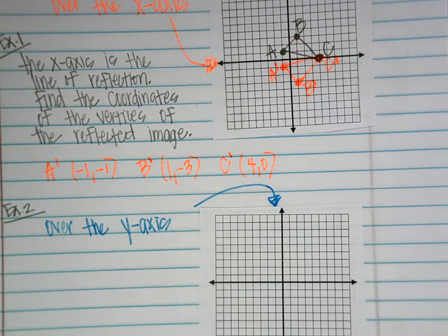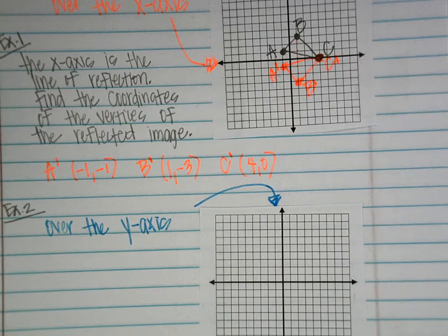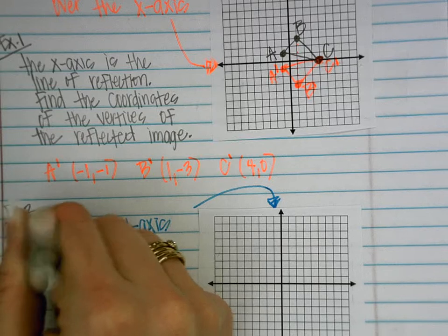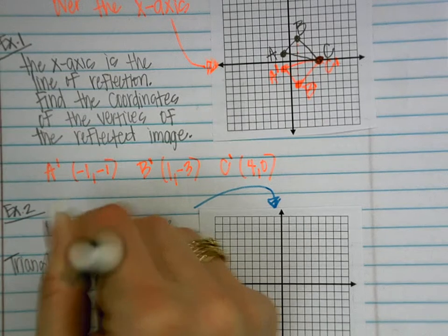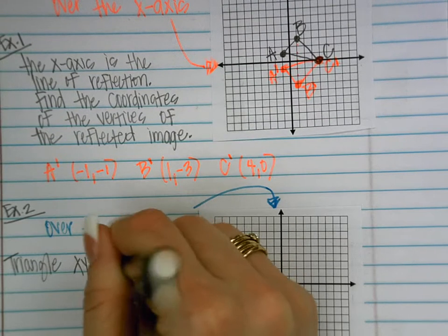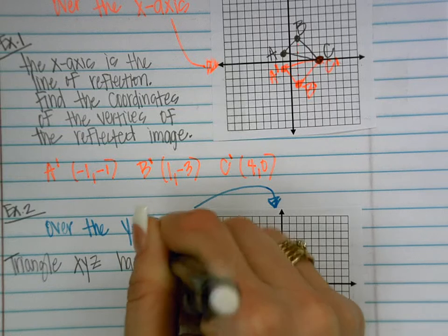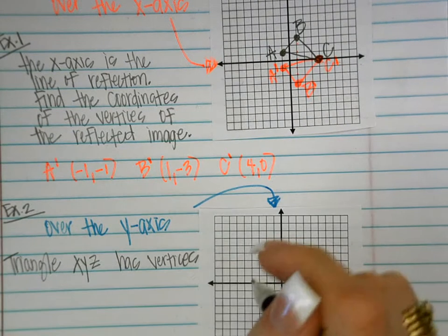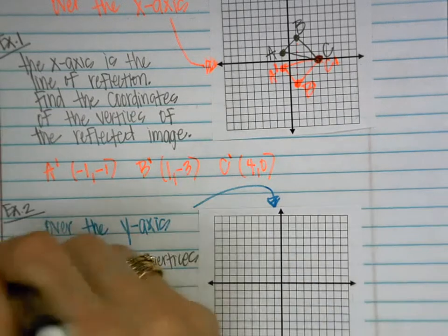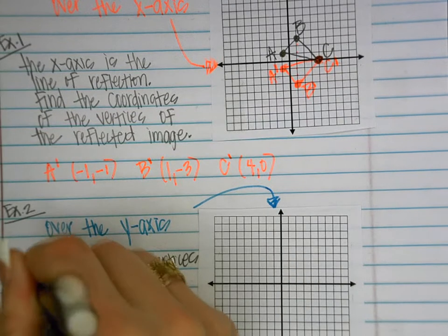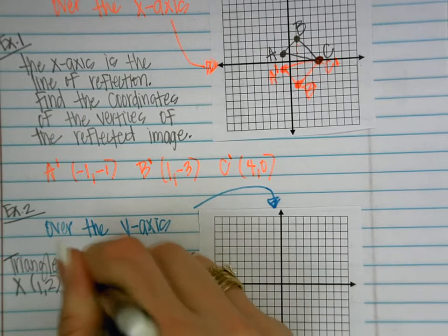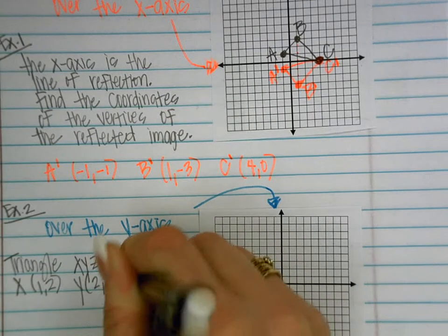So if I tell you that triangle XYZ has vertices X at 1, 2, Y at 2, 1, and Z at 1, -2.